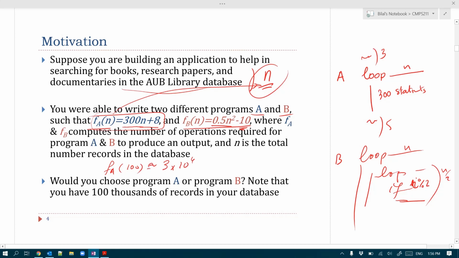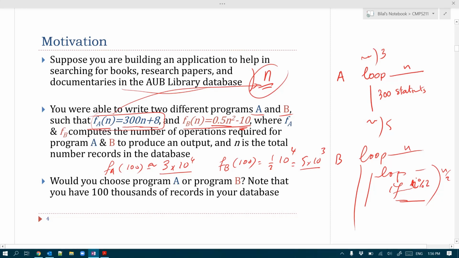On the other hand, FB of 100 would be half of 100 squared, which is actually 10 squared to the power 2 times 10 to the power 4 over 2, so you end up with 5 times 10 to the power 3, something like 5,000, while here you have 30,000.